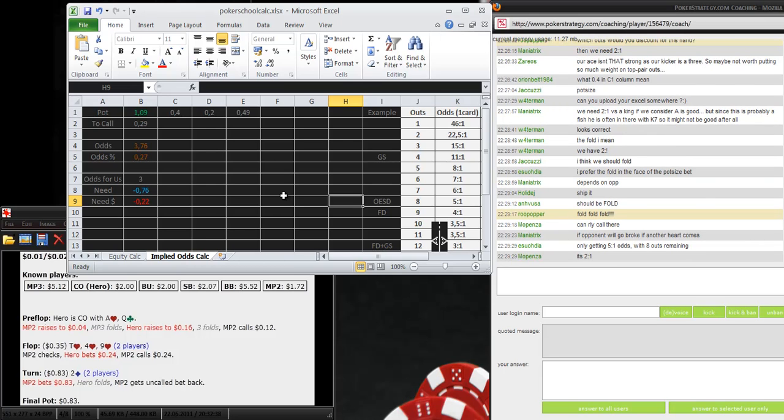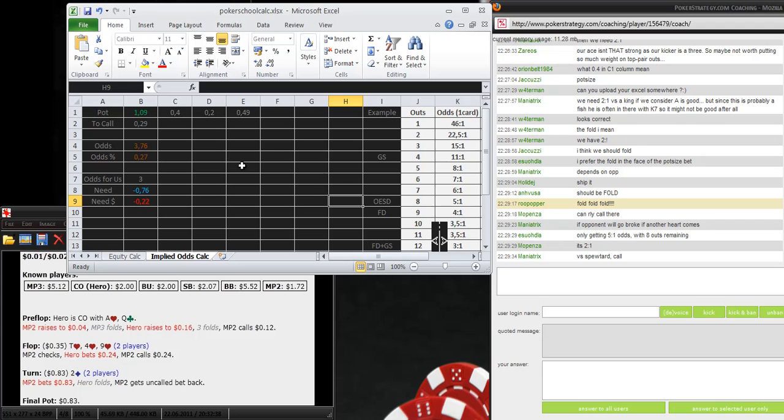If you take into account that the villain bets on turn pot size bet, let's see how much we should actually get on river, if we are even calling there for the implied odds. The pot is 83 cents.